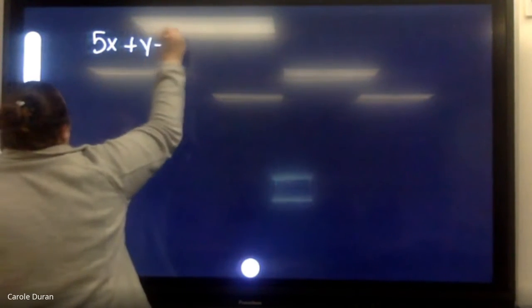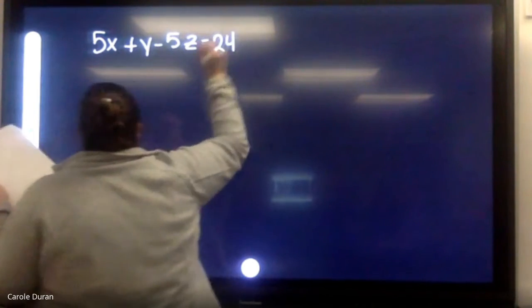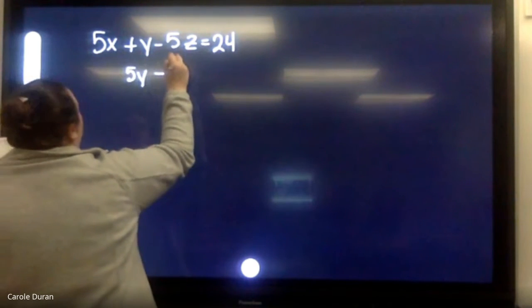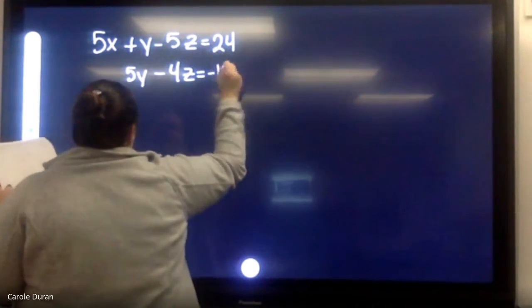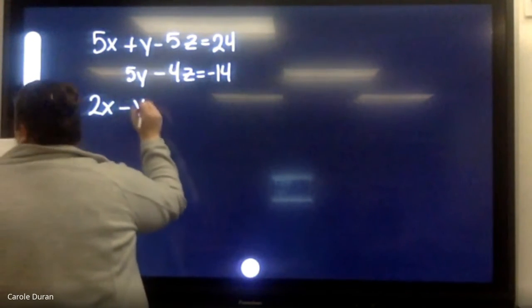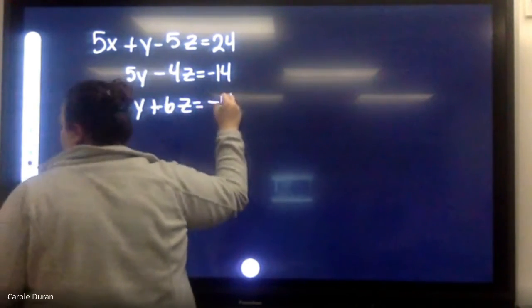So I have 5x plus y minus 5z equals 24. Then I have 5y minus 4z equals -14. And then I have 2x minus y plus 6z equals -14.